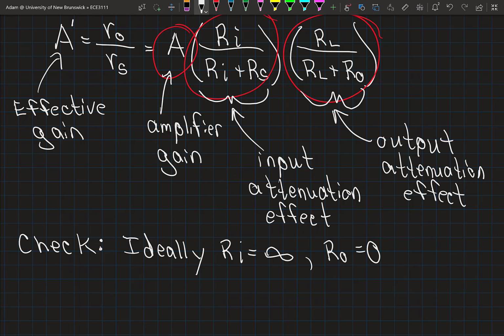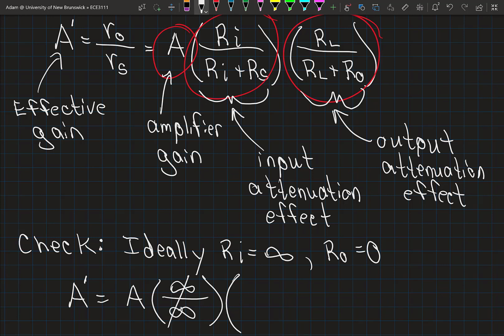What would be the impact of that on this equation here above? Well, my effective gain would be equal to my gain of my amplifier times Ri, which is infinite, an input resistance, over an infinite resistance plus Rs. So I can ignore the Rs term because that becomes irrelevant compared to infinity. So that term is going to cancel out.